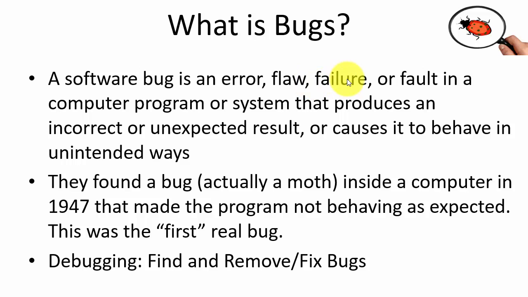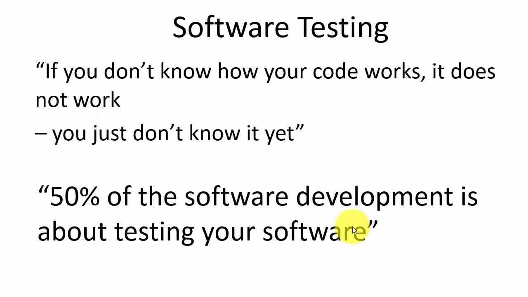It's an error or flaw or failure or fault in a computer program or system that produces incorrect and unexpected results or causes it to behave in unintended ways. And the first bug was found in 1947, as mentioned. This was the first bug. And then we have the debugging phase, where we actually find and remove or fix the bugs.